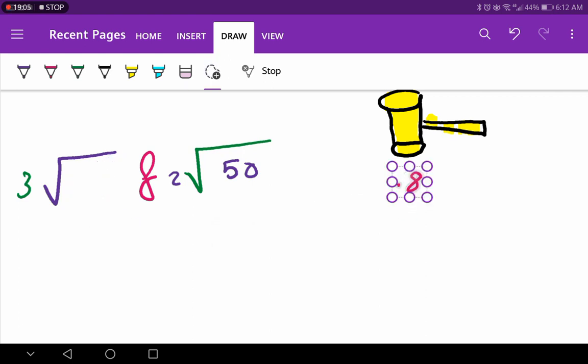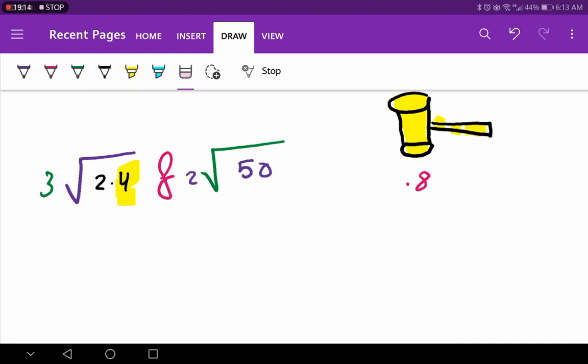I use my hammer again. It is coming from 2 and 4. I get my perfect square number, which is 4. I will send it outside as 2. 2 by 3 gives me 6. Yes, and we are done.